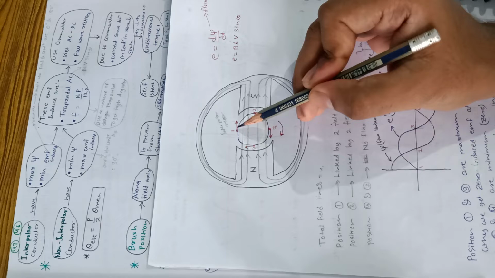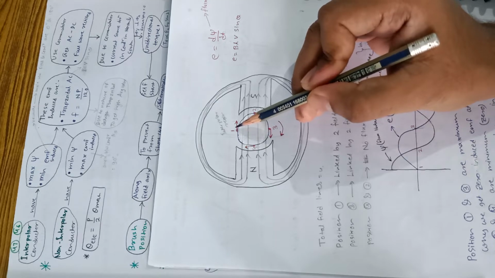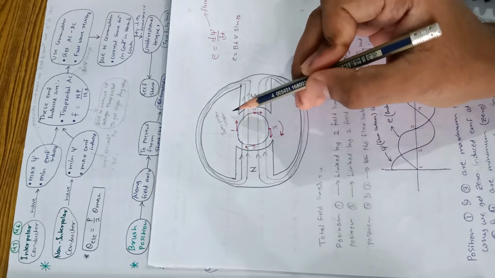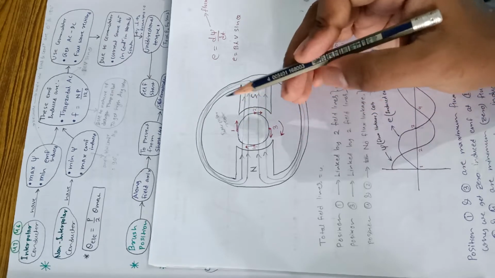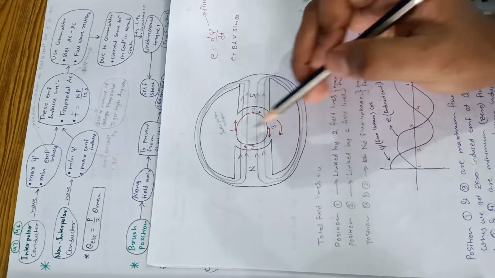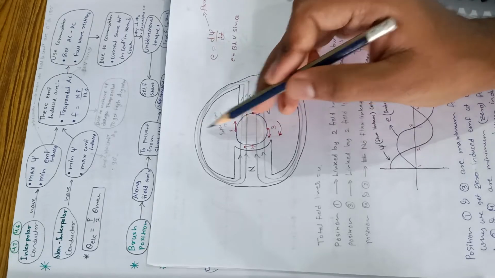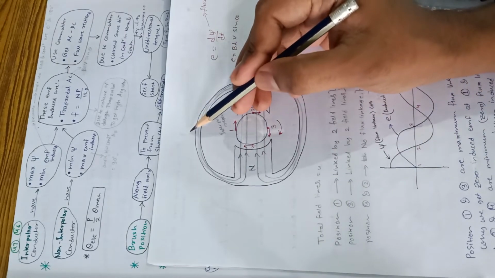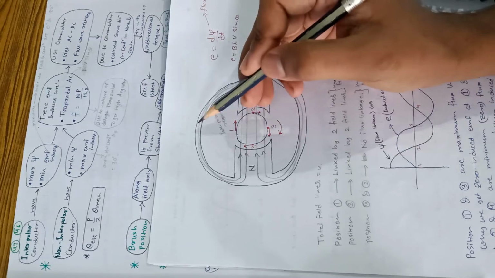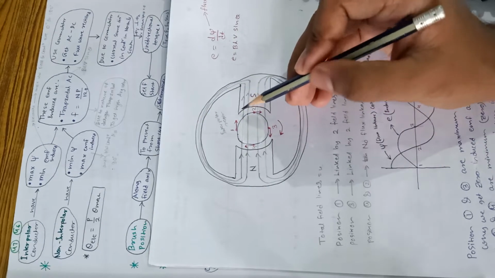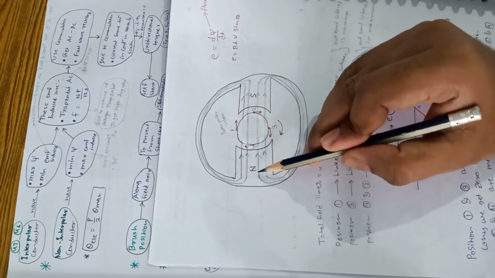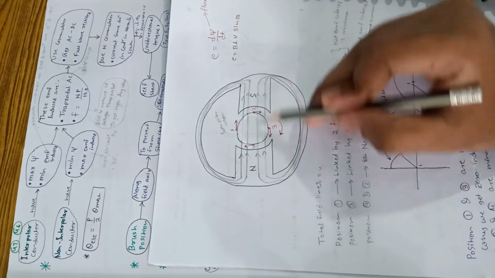In case of generator, it will shift in the direction of rotation, and in case of motor it will shift in the opposite direction. But GNA and Q axis and interpolar axis is same, but MNA will shift accordingly. And this one is D axis or direct axis.